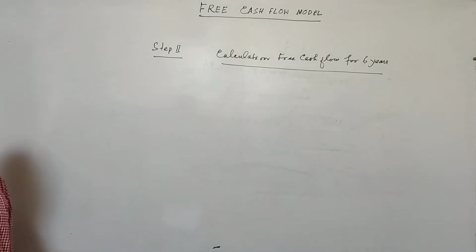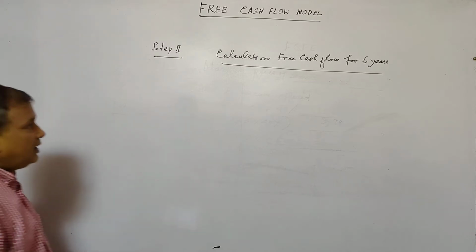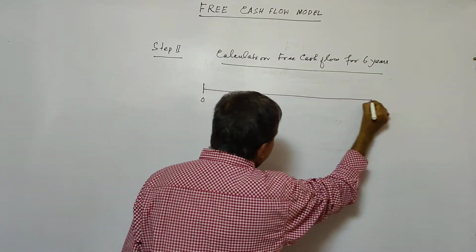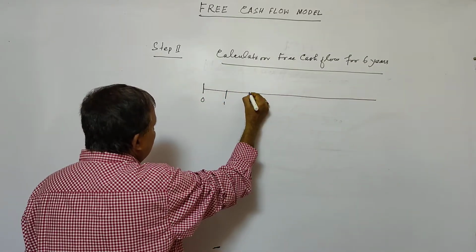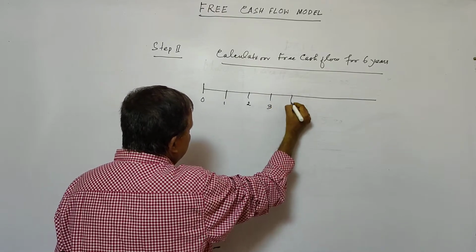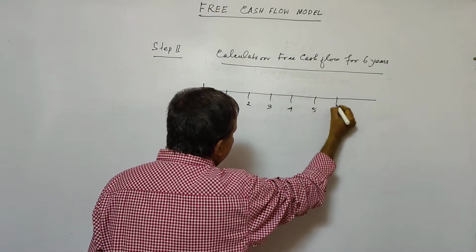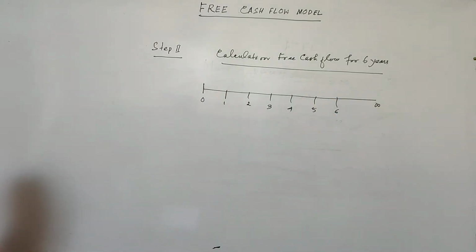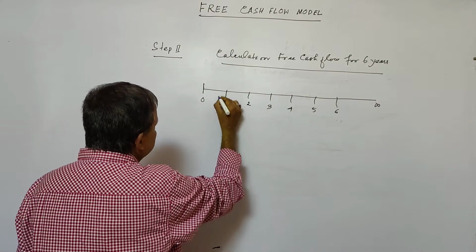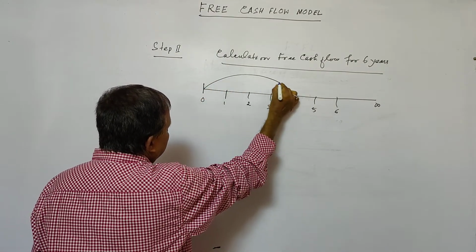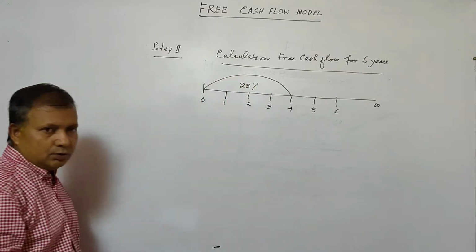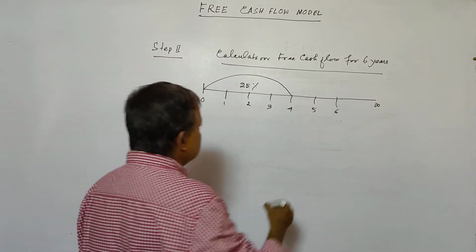Before actually starting with this, I am just giving a concept. This is year 0. This is 1, 2, 3, 4, 5, 6. And after that it is infinite. So for the first 4 years, there is a 25% growth as per the question.